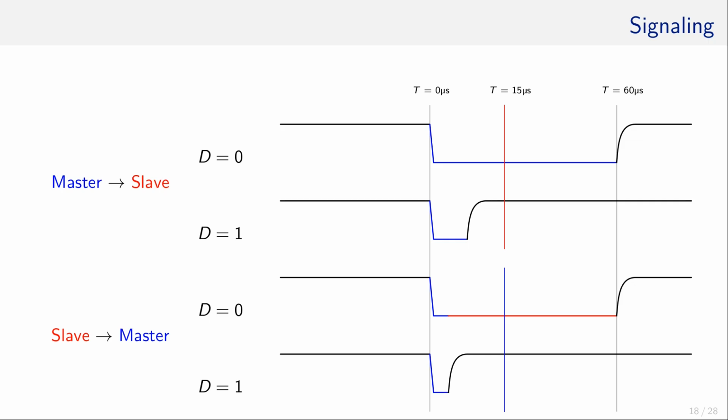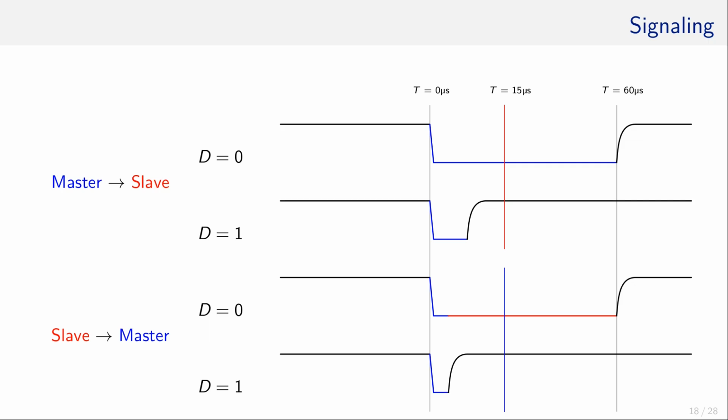Throughout the entire chapter, I will use the blue color to indicate that the master is actively driving the wire, and red if that is the case for at least one of the slaves. If the line in a timing diagram is black, no one manipulates the wire, and it returns to its high idling state.